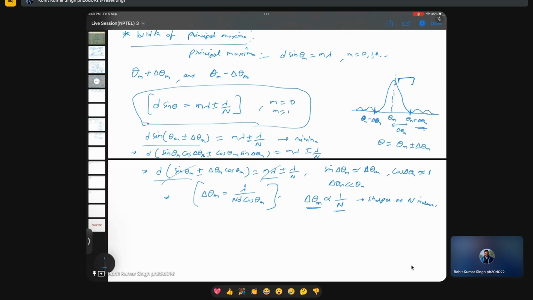This is one thing you can deduce from here. Which makes sense because with increasing n, the intensity also increases by n square. So that's why they become sharper, which we also derived here.